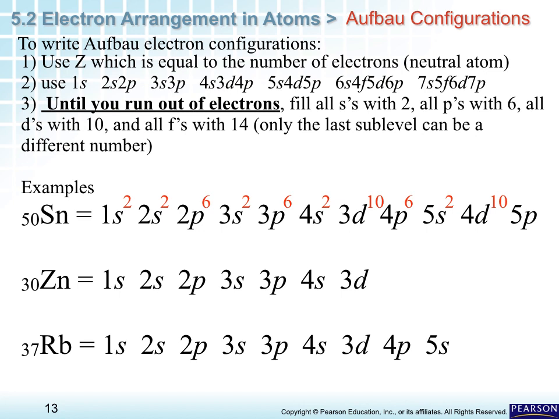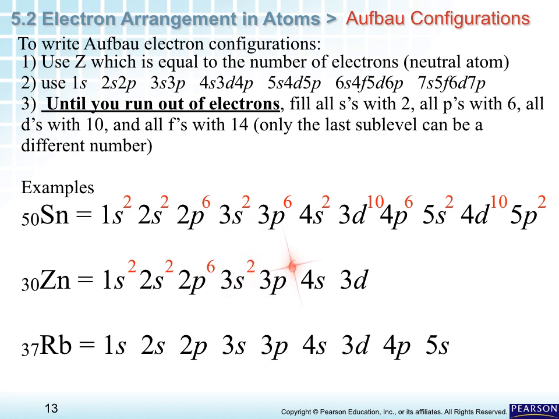So if I count 2 plus 2 plus 6 plus 2 plus 6 plus 2 plus 10 plus 6 plus 2 plus 10, that's equal to 48. 2 and 2 is 4, plus 6 is 10, plus 2 is 12, plus 6 is 18, plus 2 is 20, plus 10 is 30, 30 plus 6 is 36, 36 plus 2 is 38, 38 plus 10 is 48. So 48 from 50 is 2, so I'm going to put a 2 there because that gives me a total of 50 electrons.